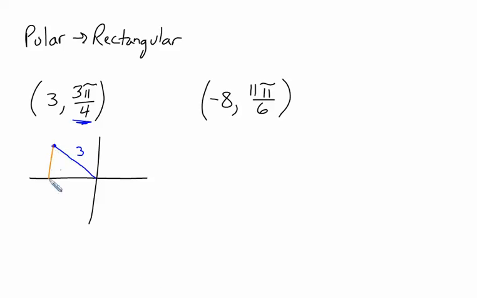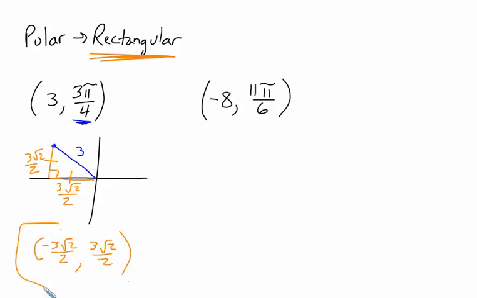Now if we were to draw in the triangle itself, this is going to be an isosceles right triangle, so we'll divide by radical 2, and we would get 3 radical 2 over 2, 3 radical 2 over 2. So when putting it into rectangular coordinates, it goes to the left 3 radical 2 over 2, and it goes up 3 radical 2 over 2. Hence, there is our point in rectangular coordinates.